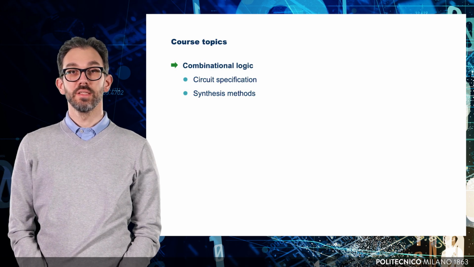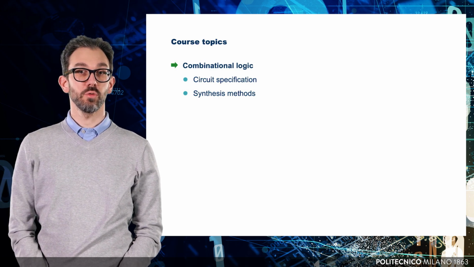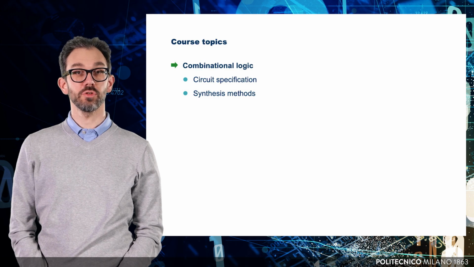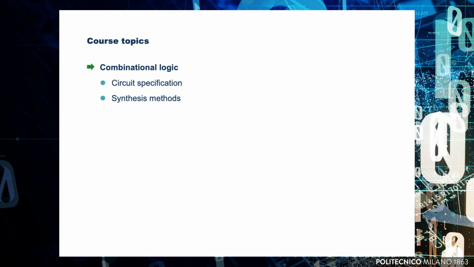For this reason, the design of complex circuits generally relaxes the two-level constraint and relies on multi-level circuits. Moreover, instead of exact methods, heuristic approaches are preferred. That is, algorithms capable of identifying good solutions, although not always optimal ones, within a reasonable design time.